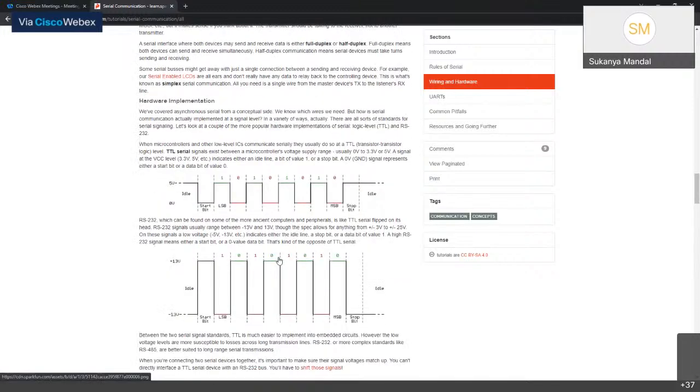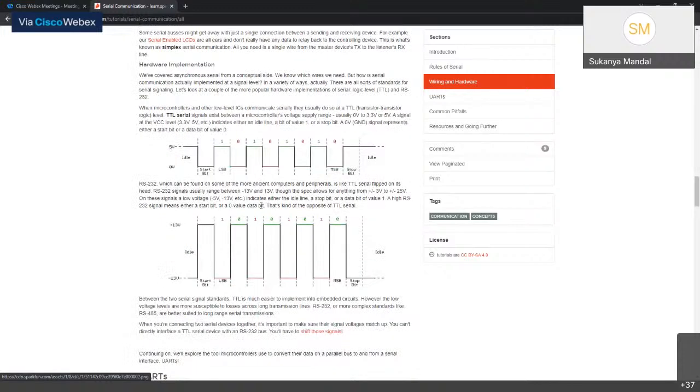So these are pretty much how data is transmitted, the hardware implementations part of it. Basically, microcontrollers and other low-level ICs usually communicate serially, usually using TTL, which is transistor-to-transistor logic level communication.